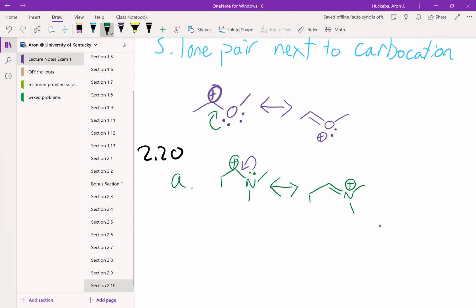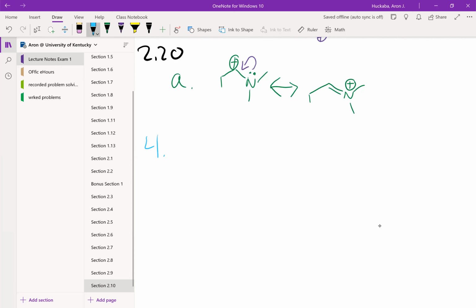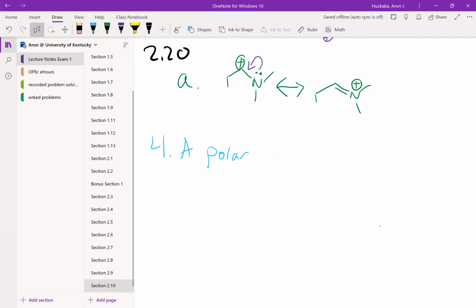Okay, so the fourth type of pattern that we have, number 4, is a pi bond between, now let's call this a polar pi bond, meaning that both atoms in the pi bond have a difference in electronegativity, a polar pi bond.